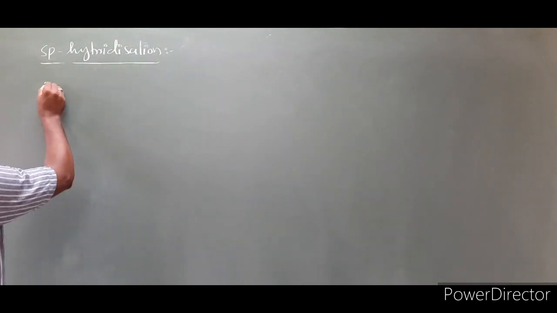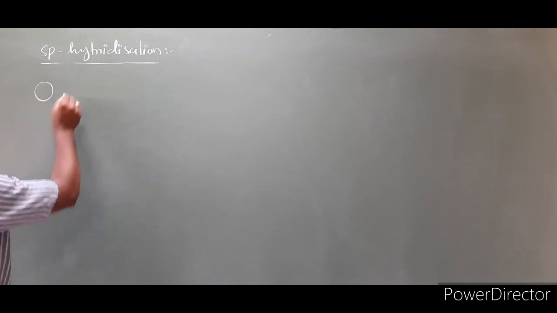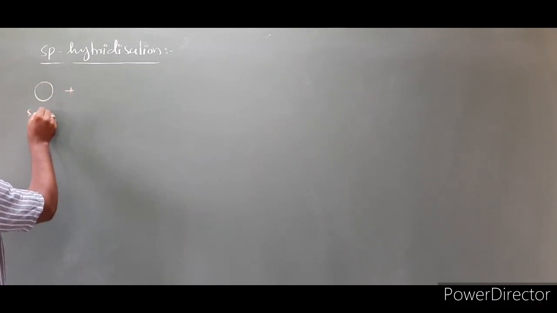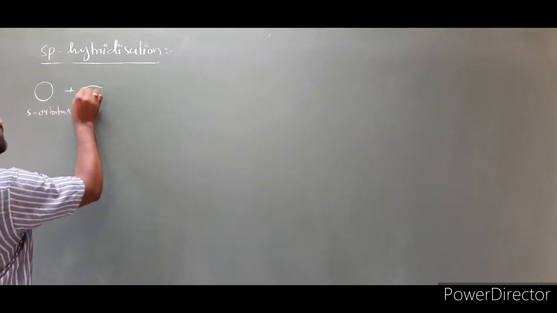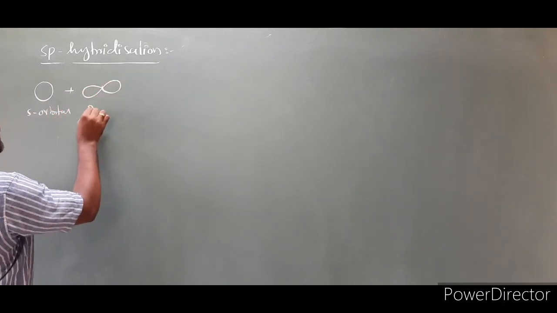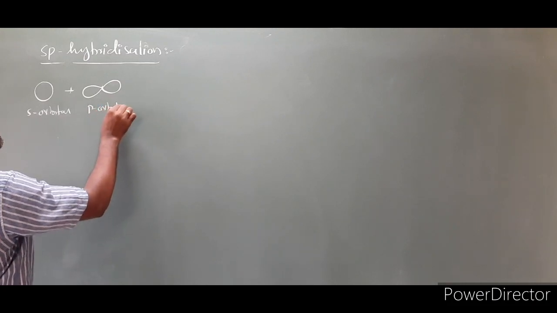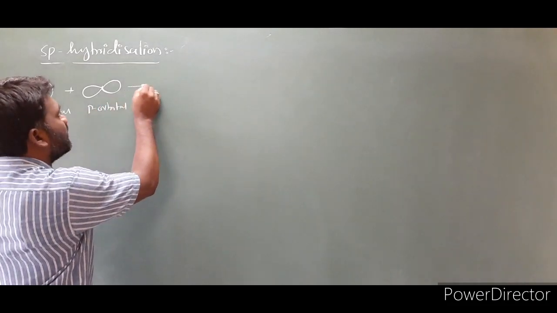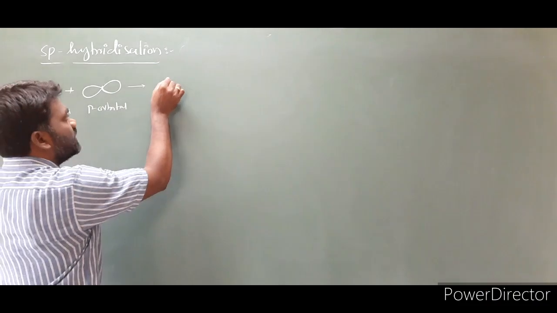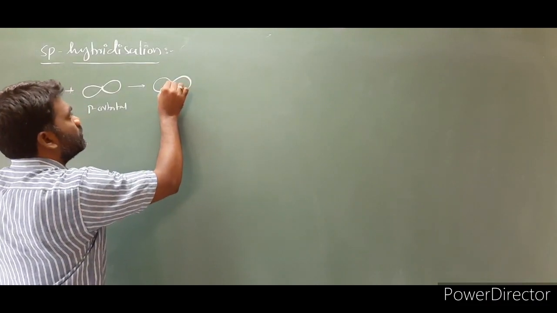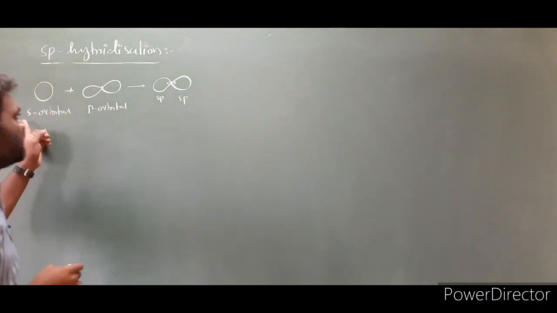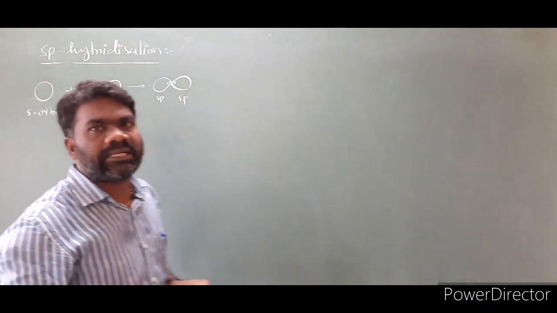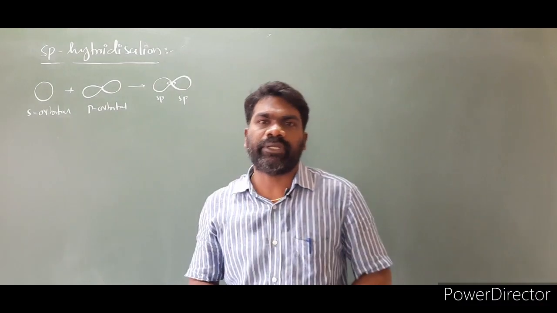What this statement means is, I am taking one s orbital, and one p orbital, both are intermixed. After intermixing you will get two sp hybridized orbitals.